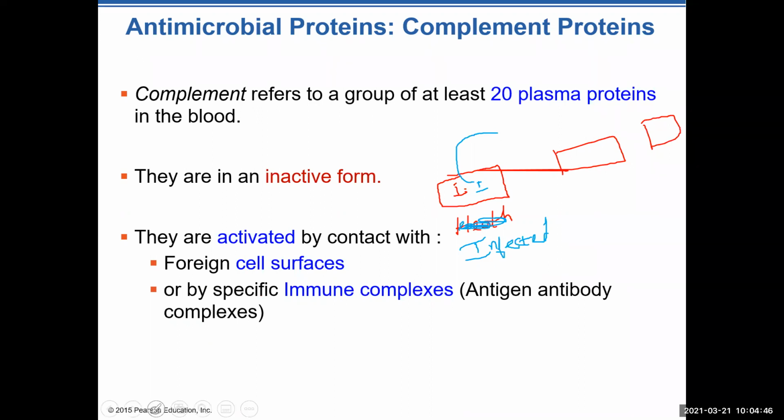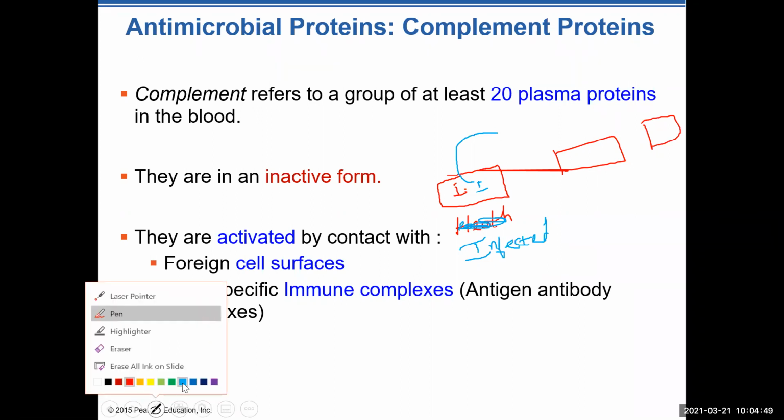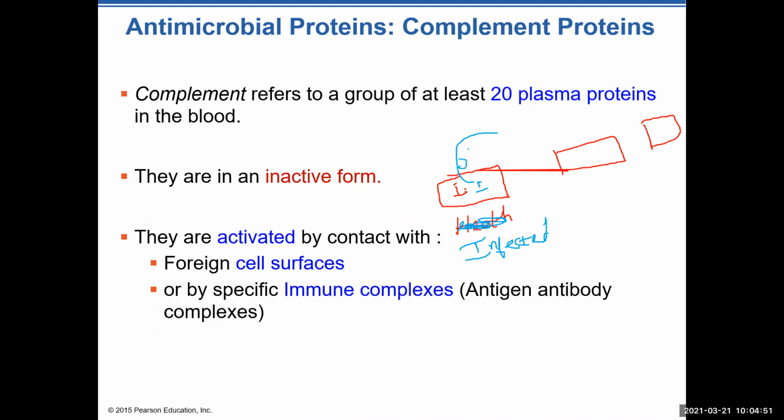So the infected cell, which is infected by the virus, will produce the interferons, and these interferons will go and bind to the healthy cells. As they bind to the healthy cells, these healthy cells will produce the antiviral proteins, and they will be ready for the attack if the virus tries to attack these cells as well.